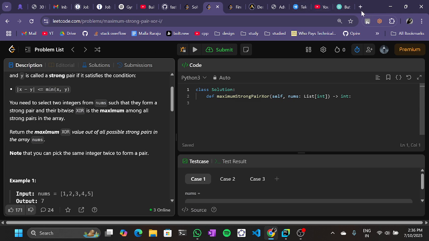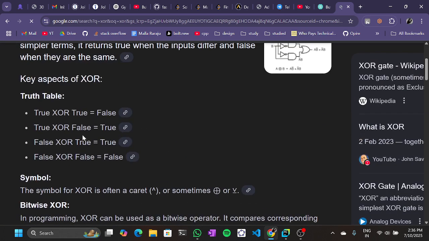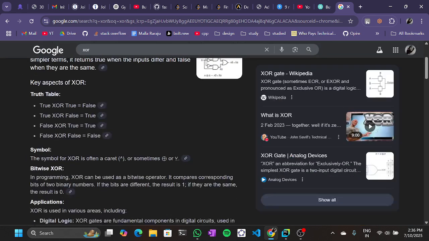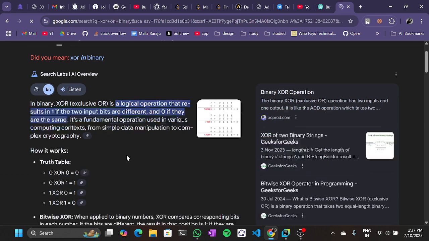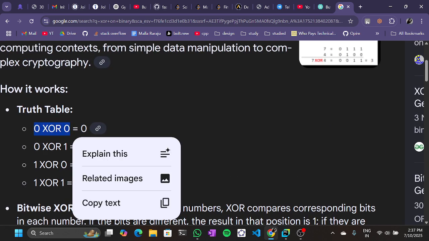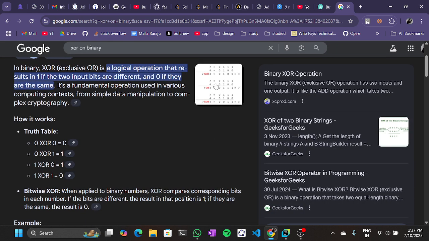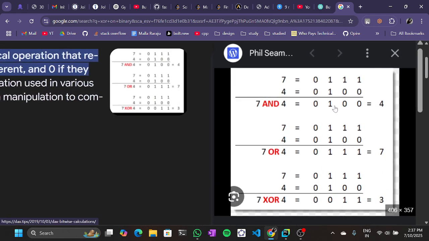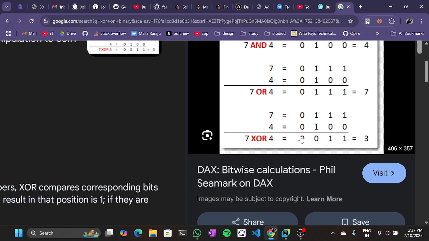So XOR: if both are zeros or both are ones, the result is 0.